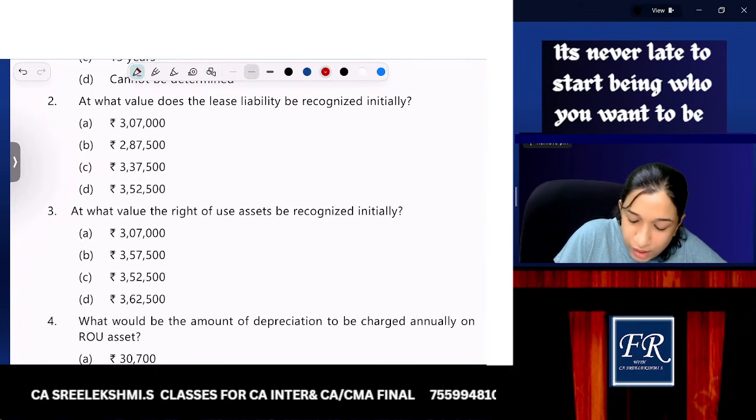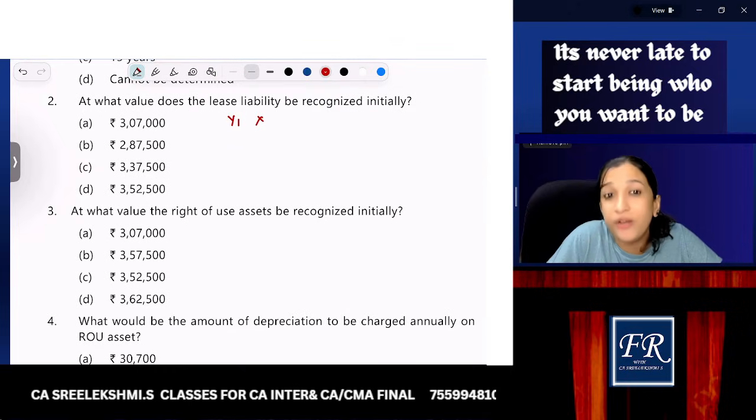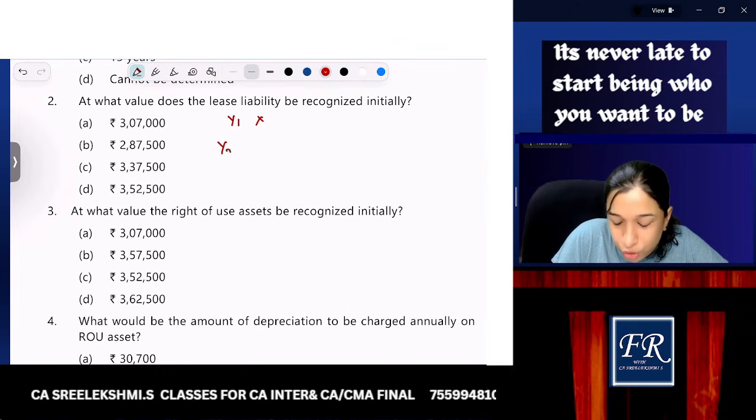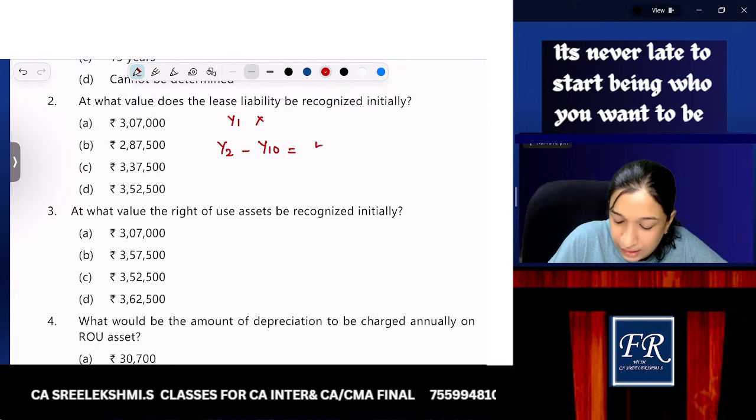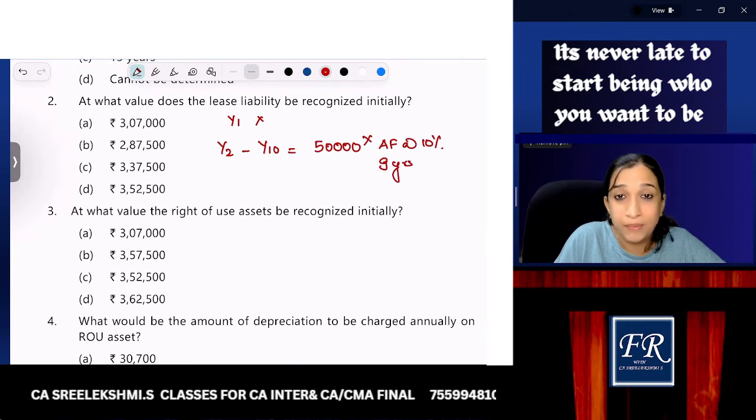Year 1 we will not consider because it would be already paid, and the lease liability is what is payable from year 2 to year 10. Lease liability is 50,000 into the annuity factor at 10% for 9 years. Beginning of the year, first year is already considered, so 9 years.